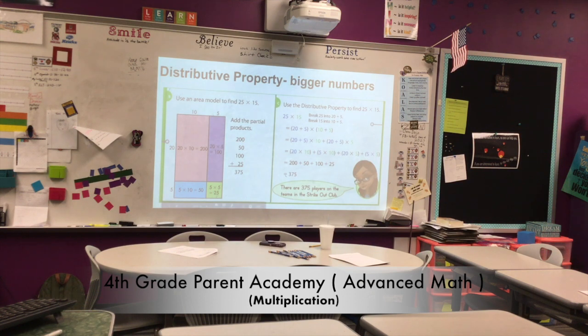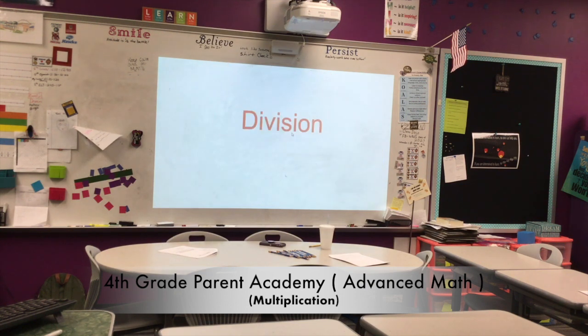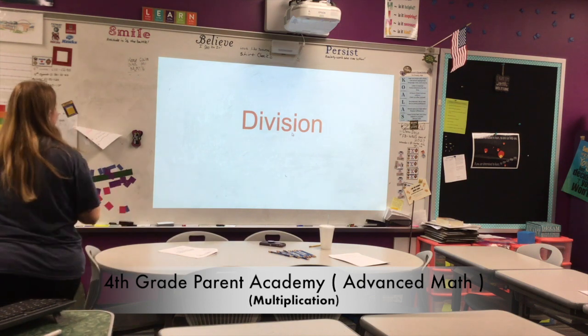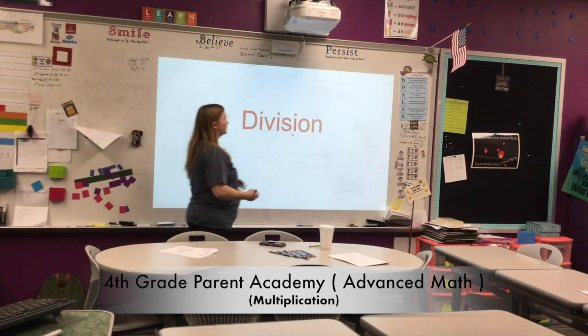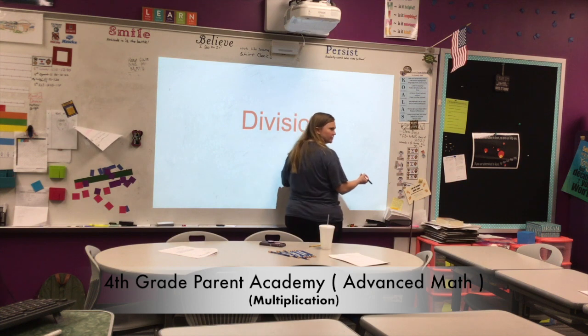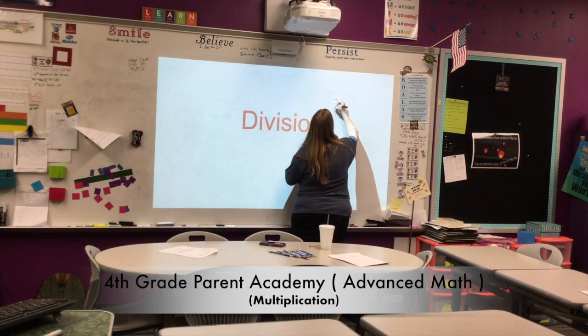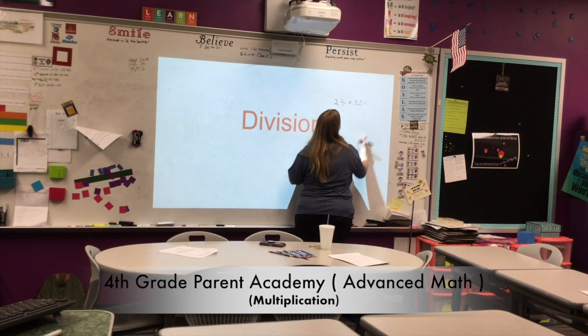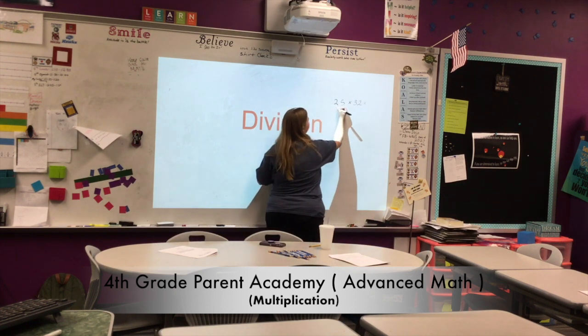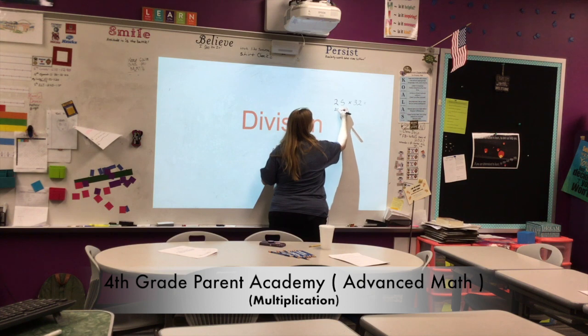Okay, and then they give you an example here, and they do it a little bit backwards. We're just gonna go to this one because I do want to show y'all what it looks like with the 2 digits, the distributive property. So 25 times 32. Okay. So I would break apart 25 into 20 plus 5.